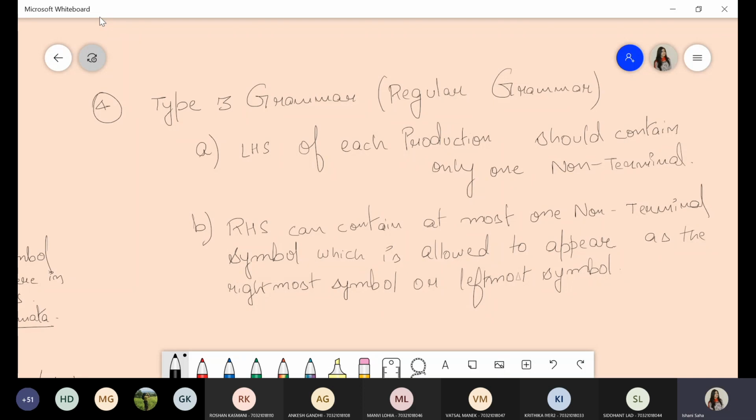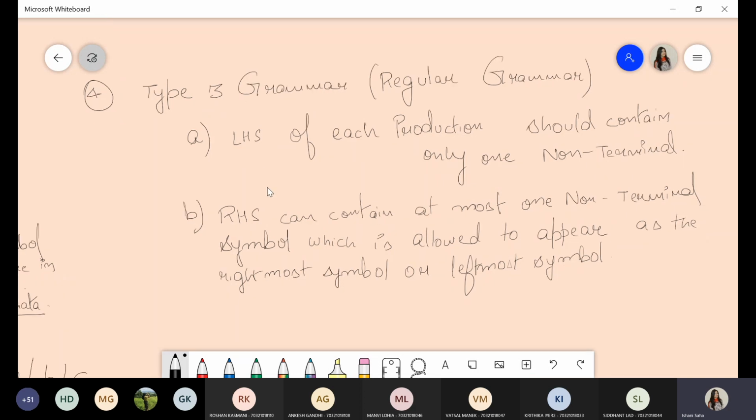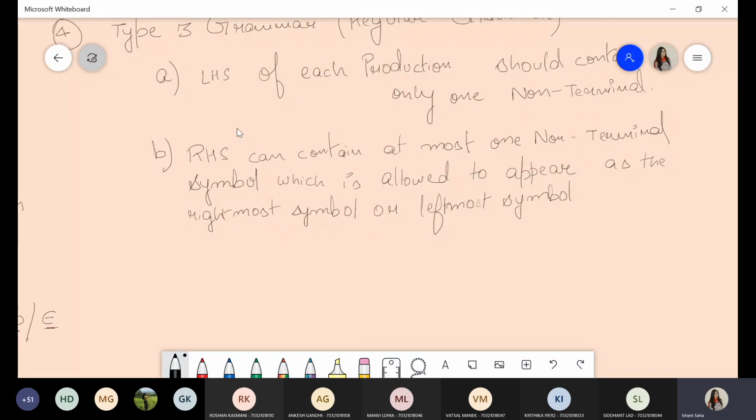I'll make you write down the example also, and then it will be more clear. C part, you can write it down on your own: the languages generated are regular languages, and they are recognized by finite state automata or finite state machine.